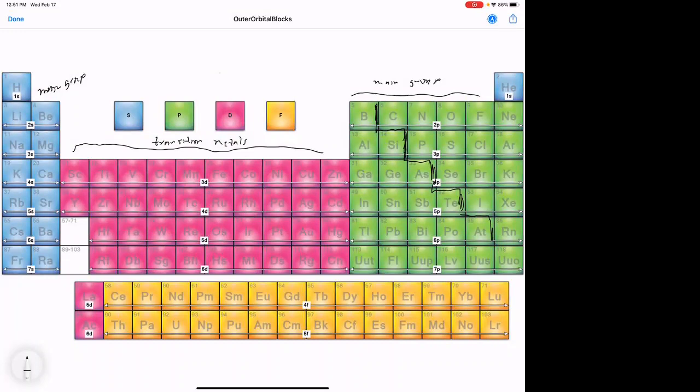Transition metals get Roman numerals, like in the equation, and then main groups get nothing. They get the Roman numerals in the parentheses. All right, thank you very much. No problem. That'll help you sort this out and get used to it.